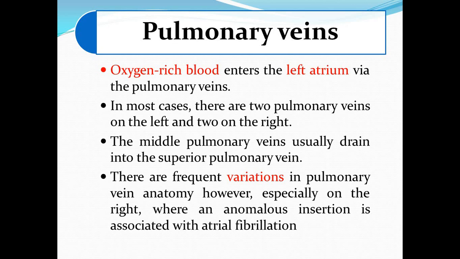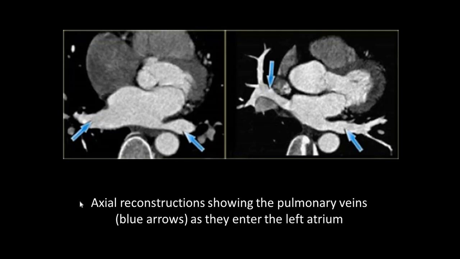The middle pulmonary veins usually drain into the superior pulmonary veins. There are some variations in pulmonary veins. We will talk about them maybe in the next lecture, when we talk about the great vessels and the anomalies of the vascular system. Here let's have a look at the left atrium and the pulmonary veins.